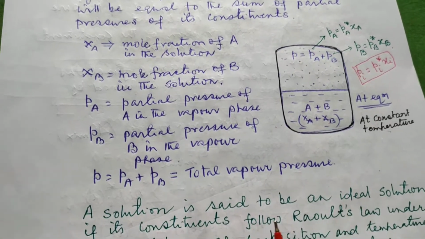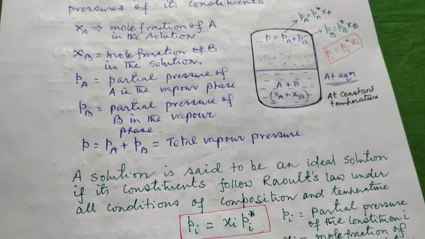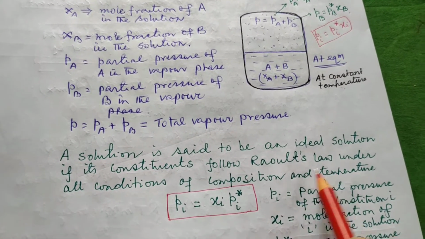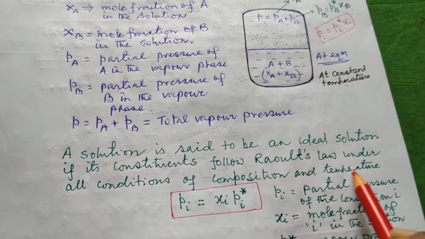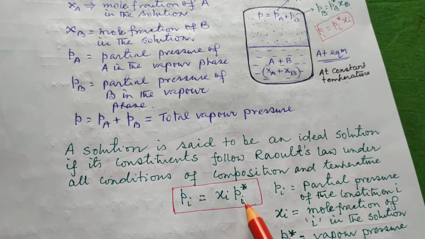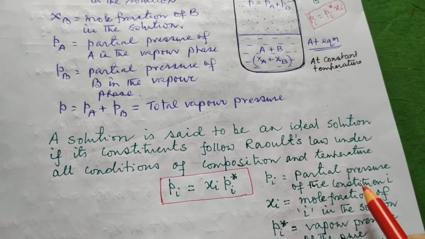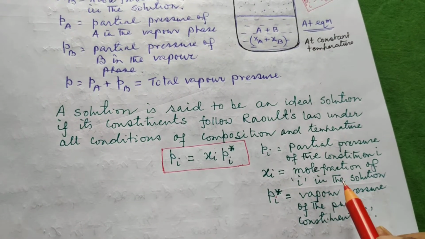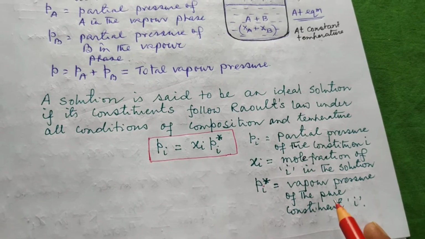Now, a solution is said to be an ideal solution if its constituents follow Raoult's law under all conditions of composition and temperature. That is, Pi equals Xi Pi star, where Pi is the partial pressure of the constituent i, Xi is the mole fraction of i in the solution, and Pi star is the vapor pressure of the pure constituent i.